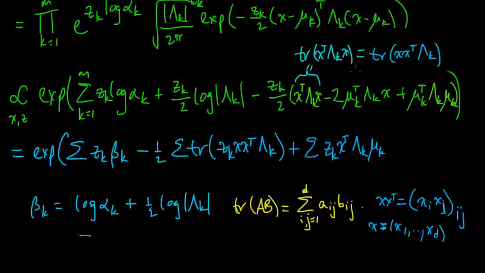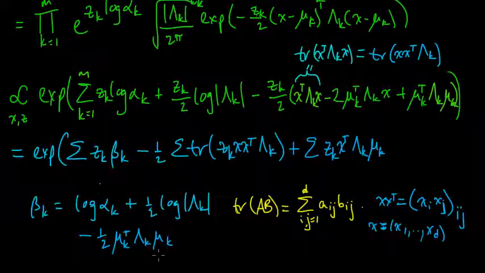This should also have a minus 1/2 mu k transpose lambda k mu k, because that's going to go with zk up here. All of these betas are just functions of the parameters. So that's a nice dot product, z with beta, and this is a nice dot product too. So I think we're looking pretty good for an exponential family.